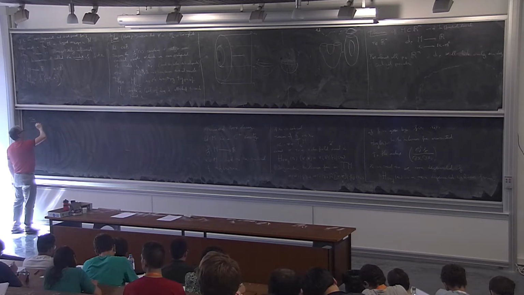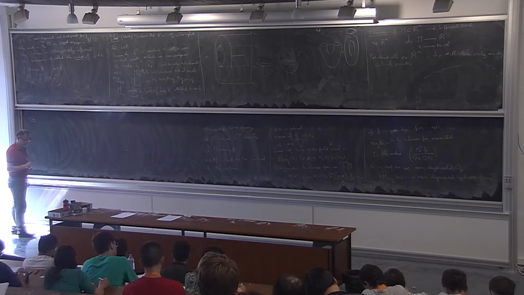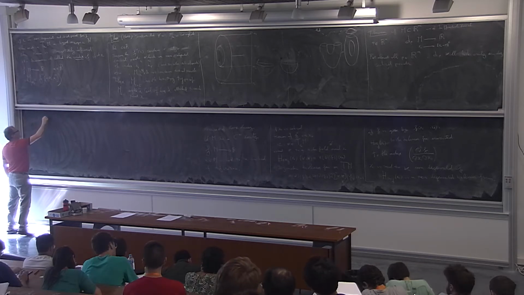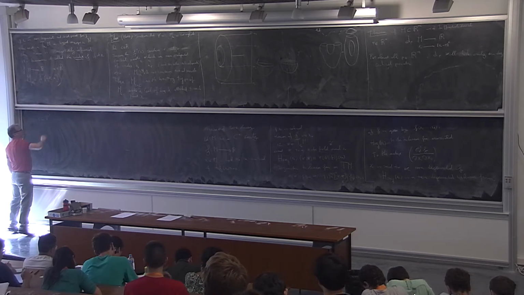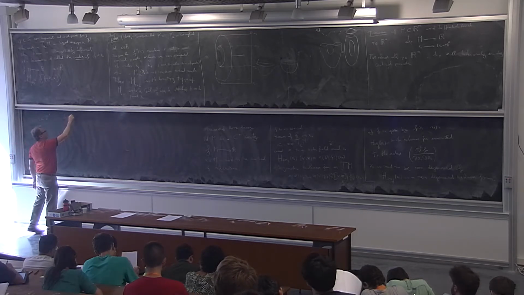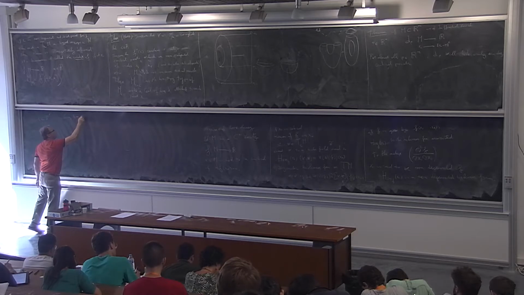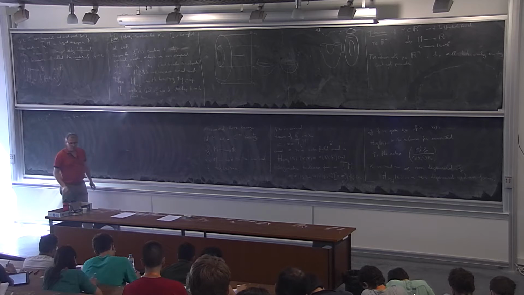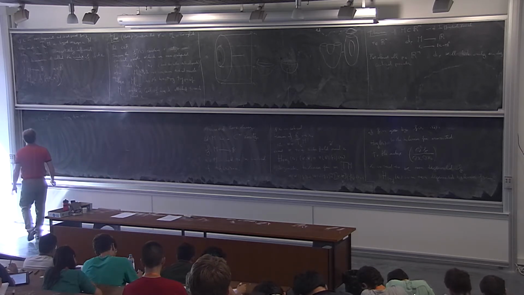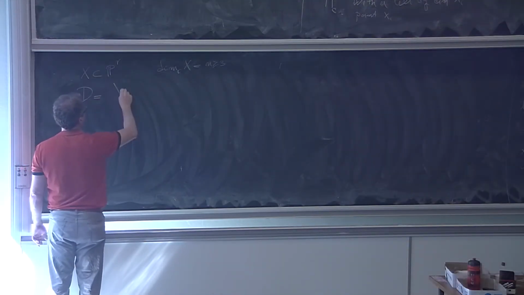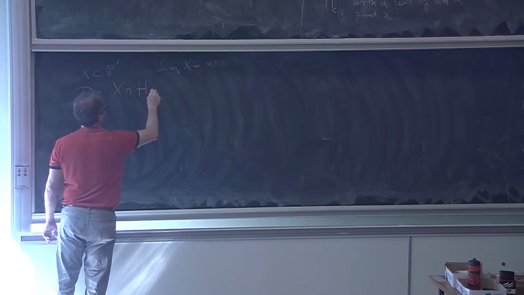First of all, I will have X inside P^N(C), the complex dimension of X is equal to n, which is bigger or equal than 3. And I will suppose that D is X intersected with the hyperplane at infinity.